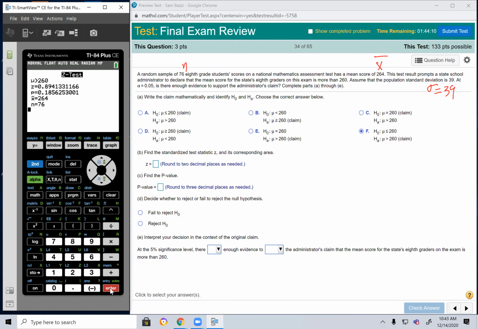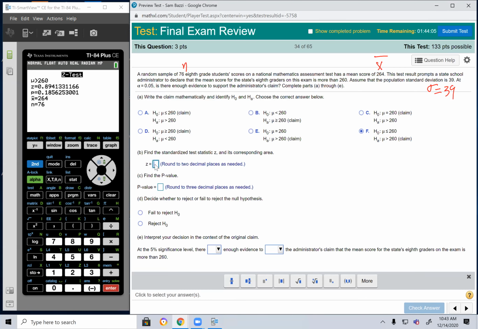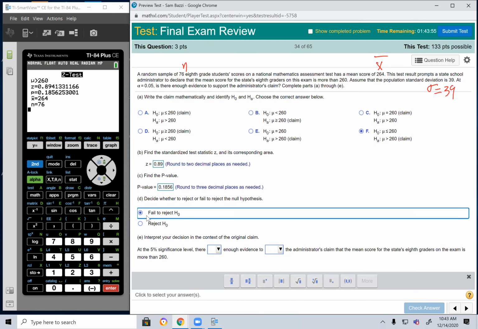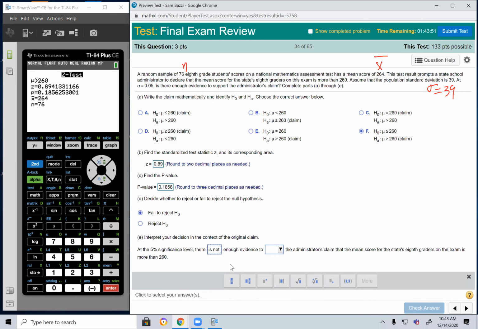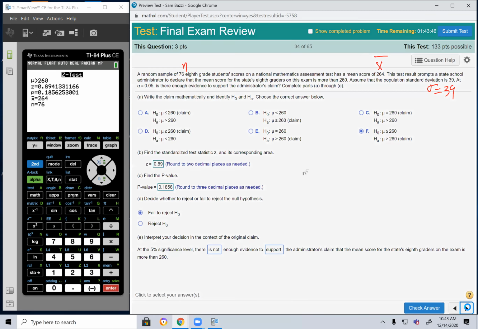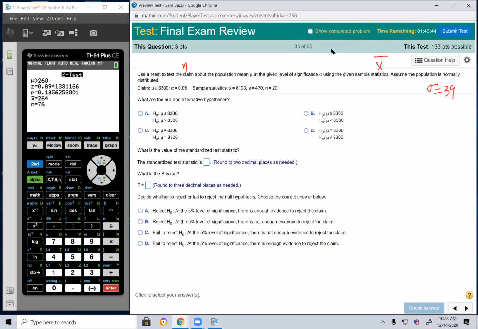And here we go, calculate. So Z is 0.89. P-value is 0.1856. Fail to reject HO, it's bigger than alpha. Interpret the decision. There is not enough evidence to support the claim. Clear.